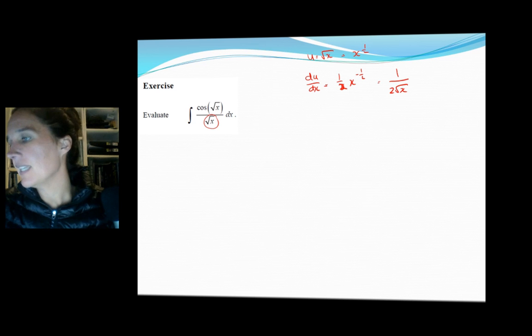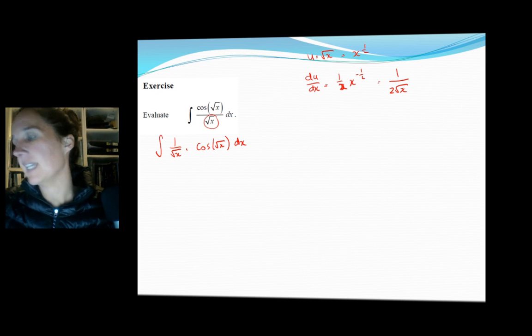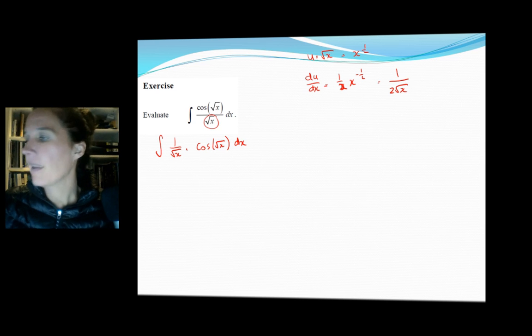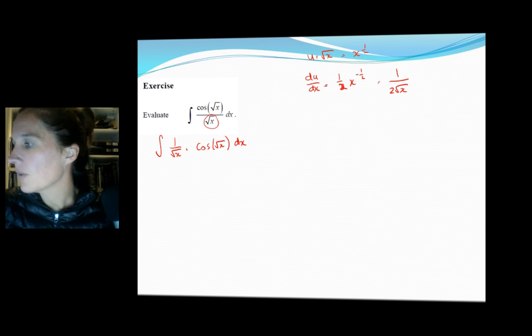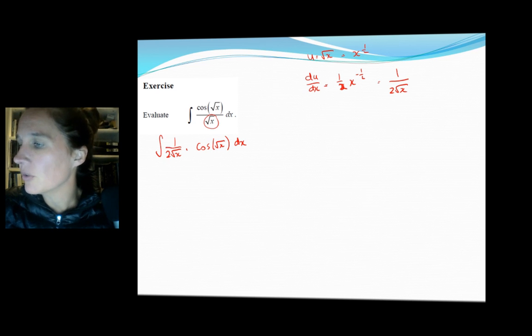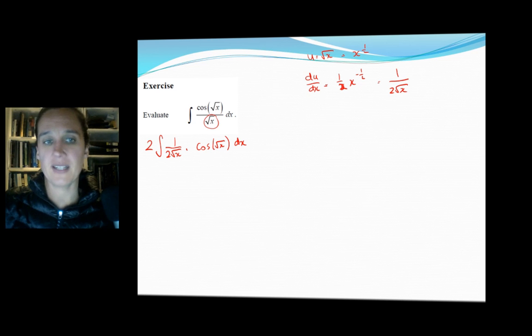When we think about this here, this is the same as here, 1 on the square root of x multiplied by cosine of the square root of x dx. So here we've got 1 on the square root of x. We want to make this 1 on 2. So that's a half, and we're going to multiply it by 2 out the front here.